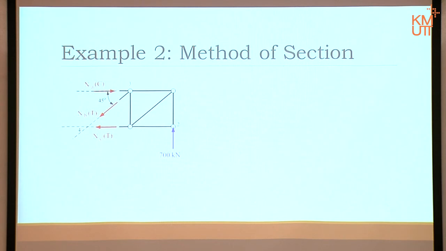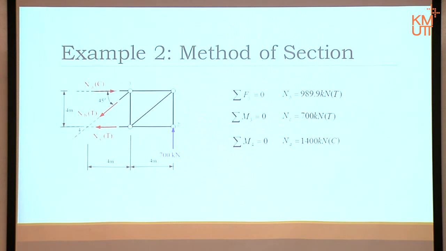Because it's 4 meters and 4 meters, that angle is 45 degrees. Right? Let's put in the distance. And then the rest we just follow the way we analyzed it to calculate it. Sigma Fy, sigma moment about point 3, sigma moment about point 4.